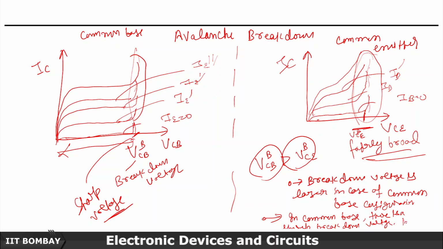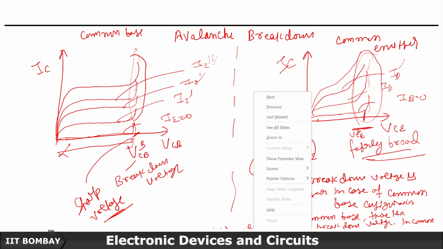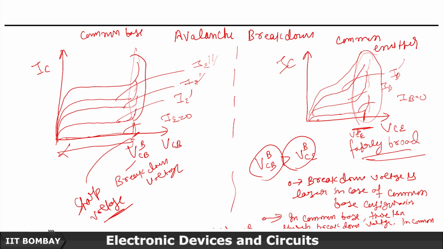On the contrary, in common emitter this breakdown voltage is fairly broad. Okay, so that's basically the difference. The breakdown voltage is significantly smaller there, and here it is very sharp.